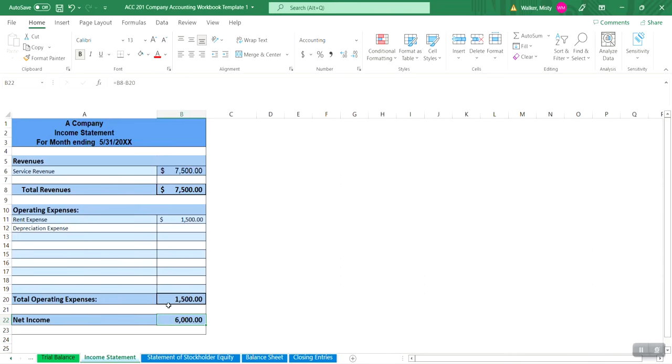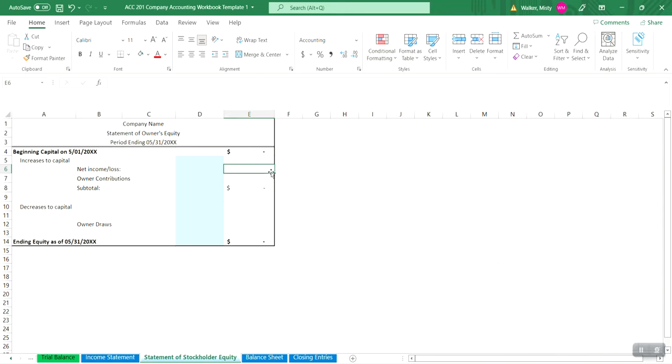So even though we know this is not complete, just for demonstration's sake, we'll transfer that $6,000 in net income to our statement of equity. And as you can see, again, we have added in some formulas to assist you along the way. We mentioned there's not a beginning balance, because this is the company's first month in business.